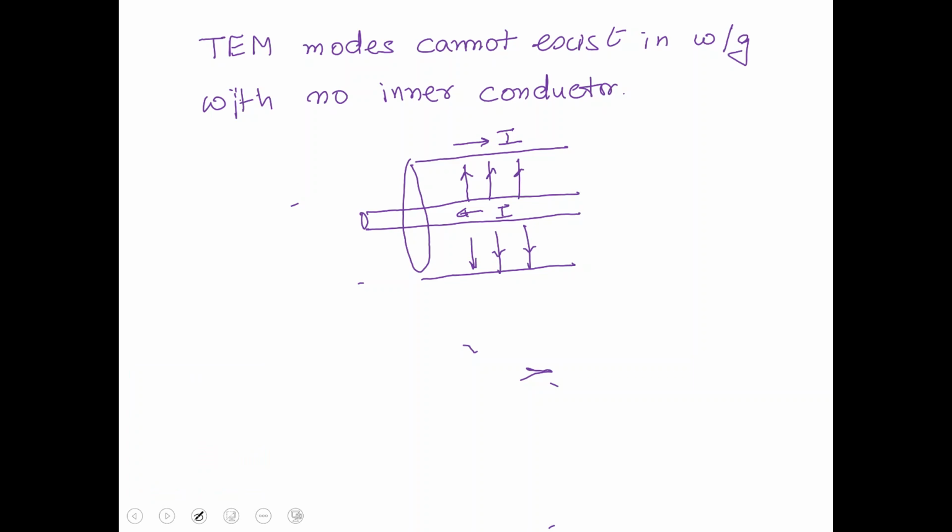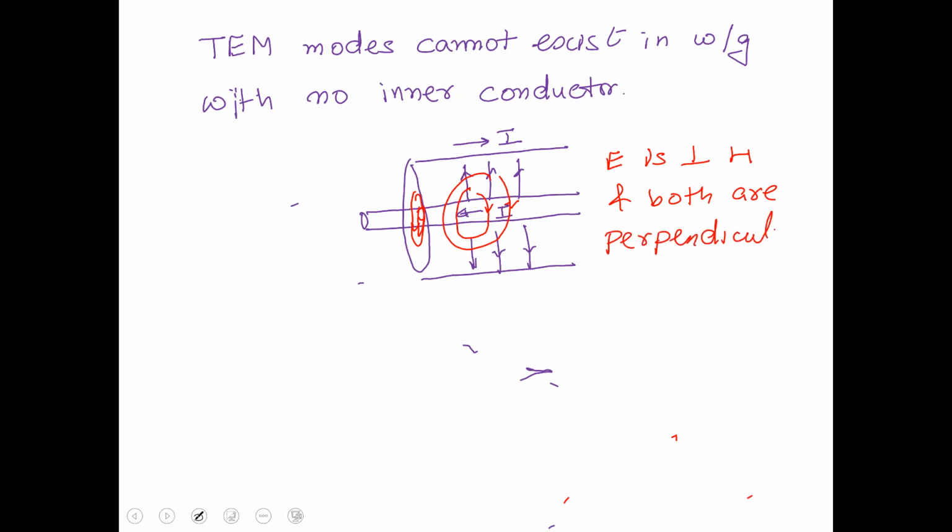And then because of this inner conductor, you have magnetic field lines looping around the inner conductor. And now you notice, well, it's not an XY plane, but the E is perpendicular to H, and both are perpendicular to Z, the direction of propagation.